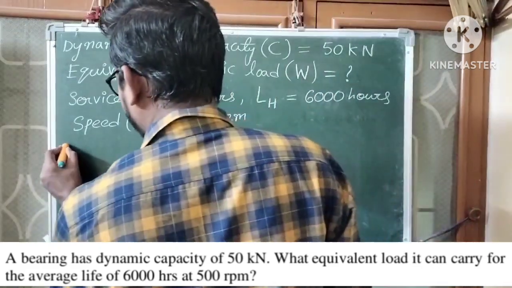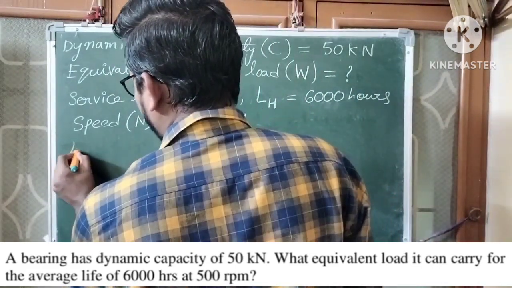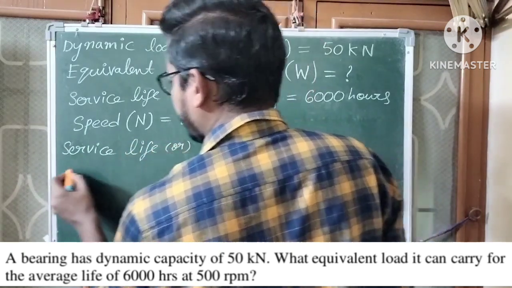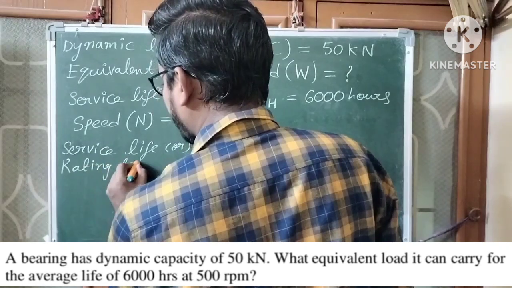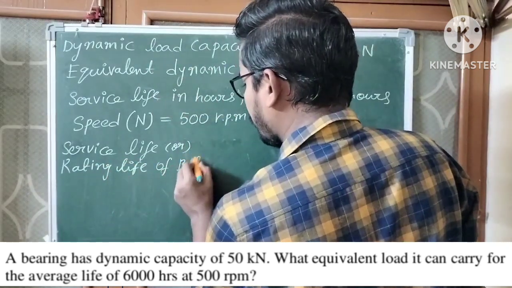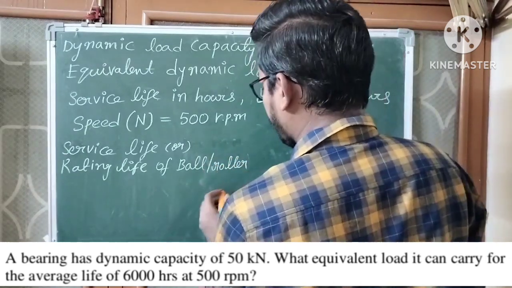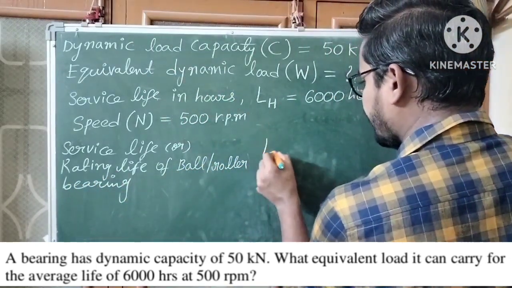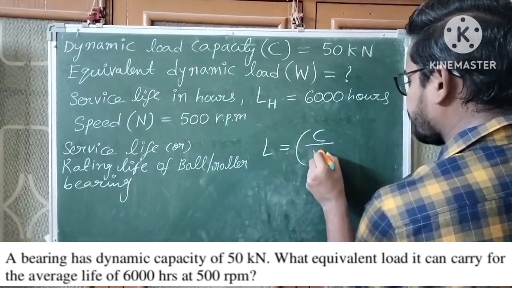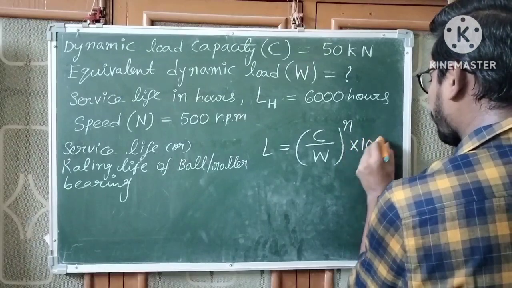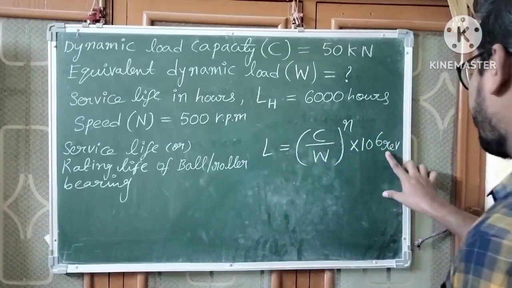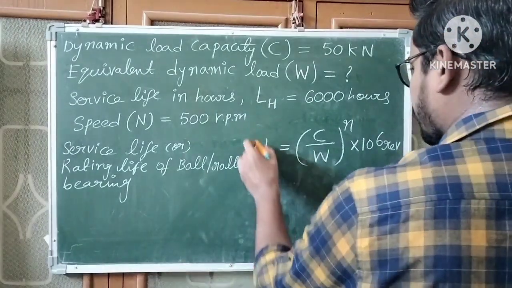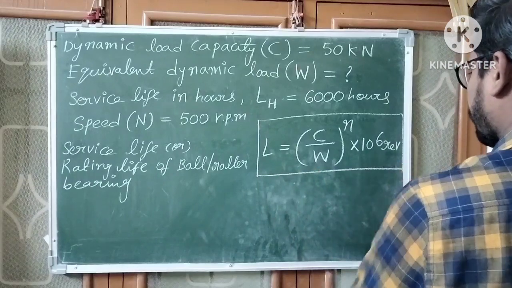The first formula is for service life or rating life of a ball or roller bearing, which is given by L is equal to (C by W) whole power n into 10 power 6 revolutions. Here rev means revolutions.